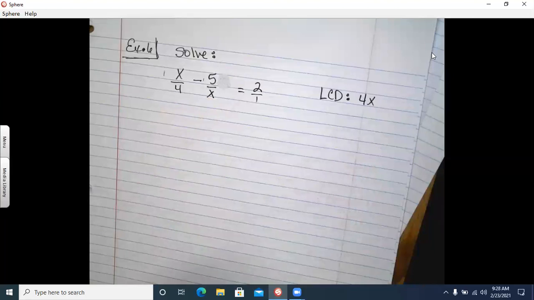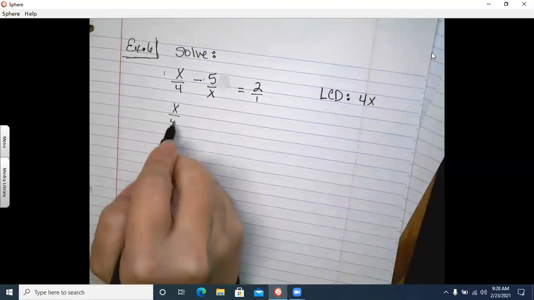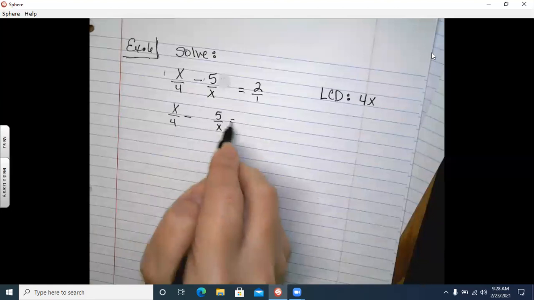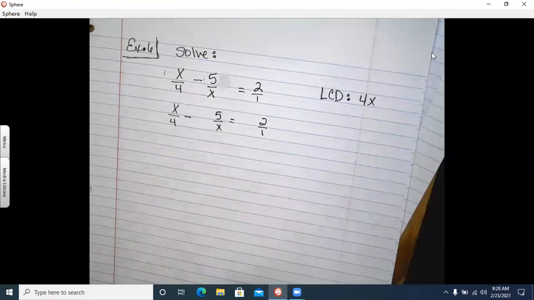So I'm going to rewrite this, giving myself some space. And I'm going to multiply each term by the least common denominator, which is 4x.